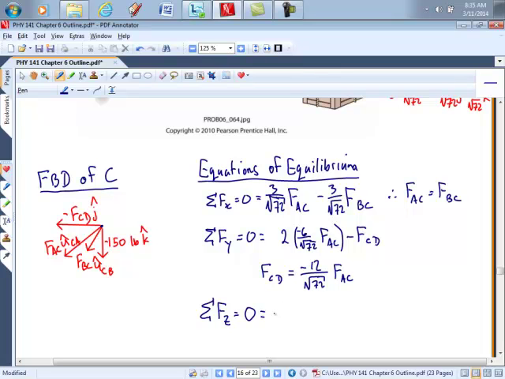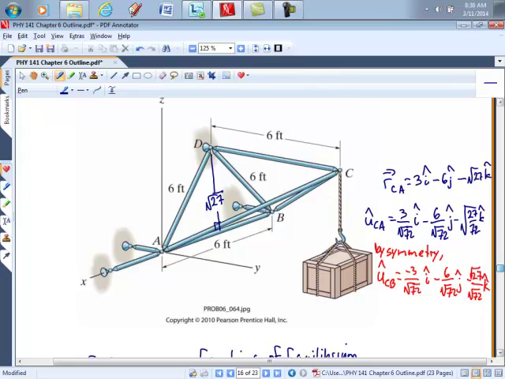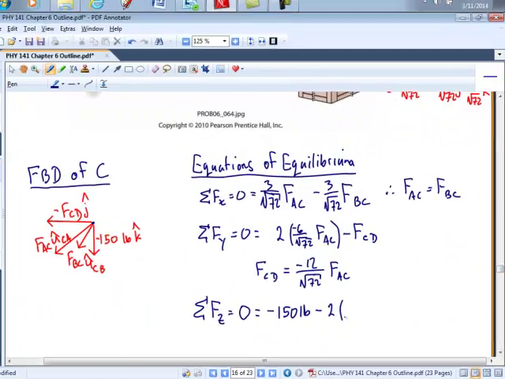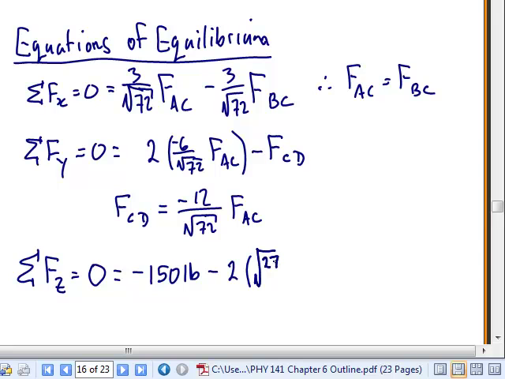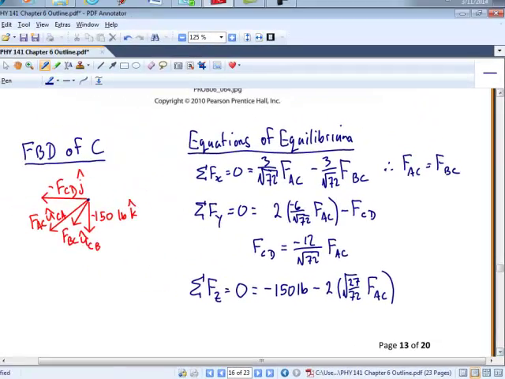So we write minus 150 pounds, and then because we have two of them, minus 2 root 27 over root 72 times FAC. And that's it. So we can solve for FAC.